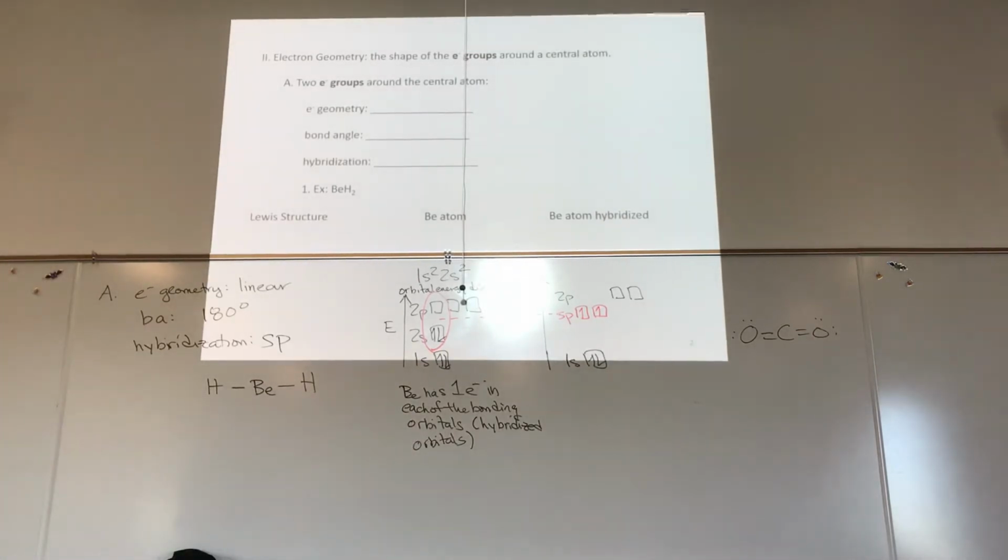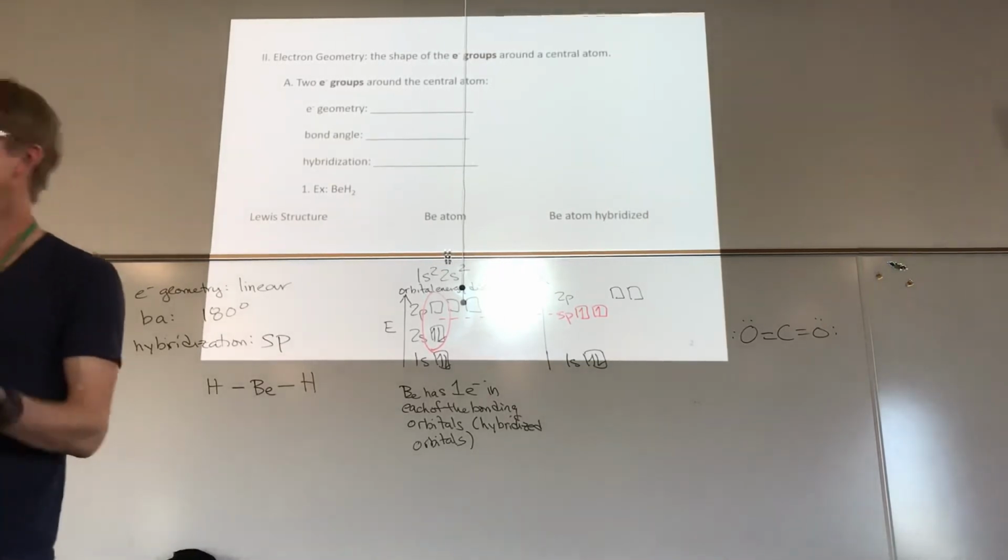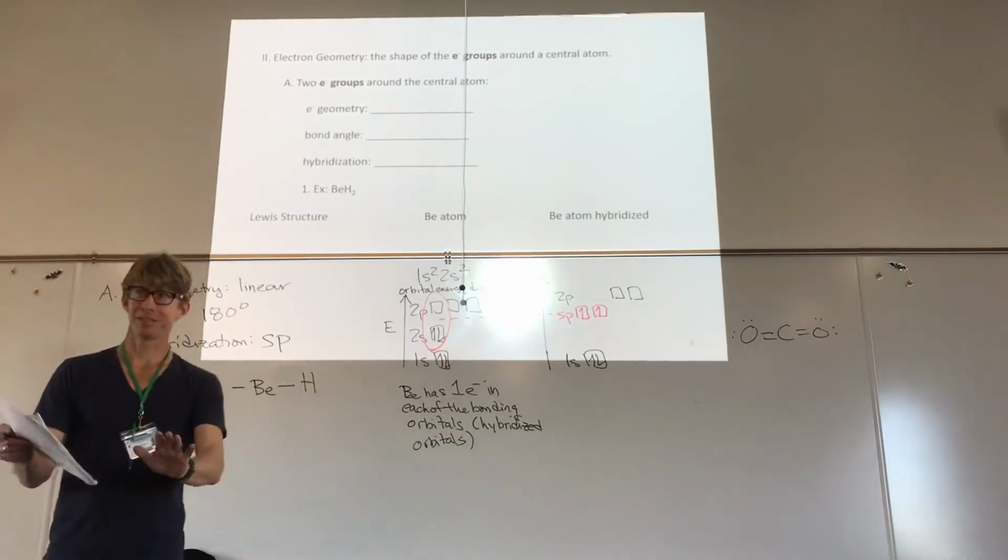I have a question for you. How in the world does this make sense? Did you notice what happened to the energy of those electrons when they hybridized? Did it go up or down? What? It went up? That's not what electrons like to do. Don't panic.